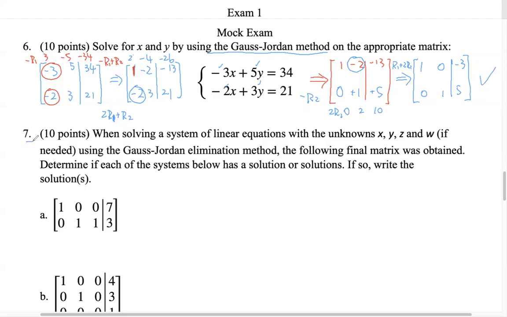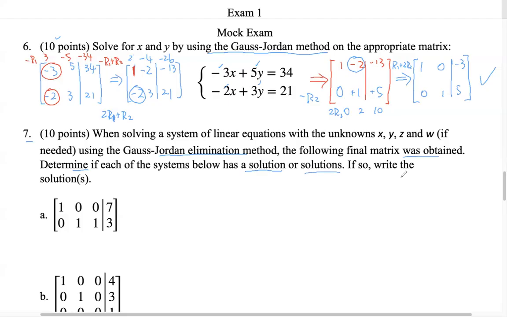Now let's see 7. So be careful. You see 6 is 10 points. 7 also 10 points. So this one is saying the Gauss-Jordan elimination method was performed and the matrix was obtained in the end. So we have to determine if the system has a solution or has solutions or has no solution, right? 3 cases.